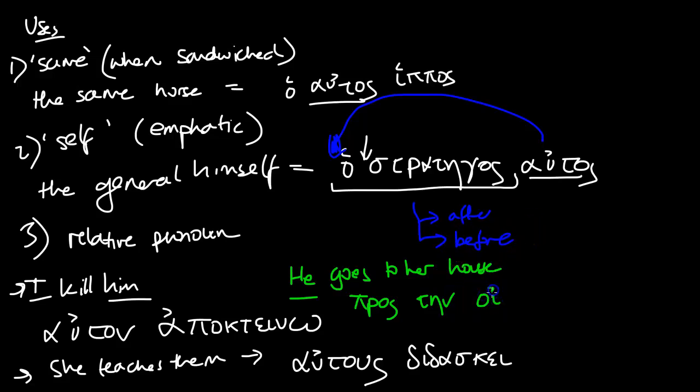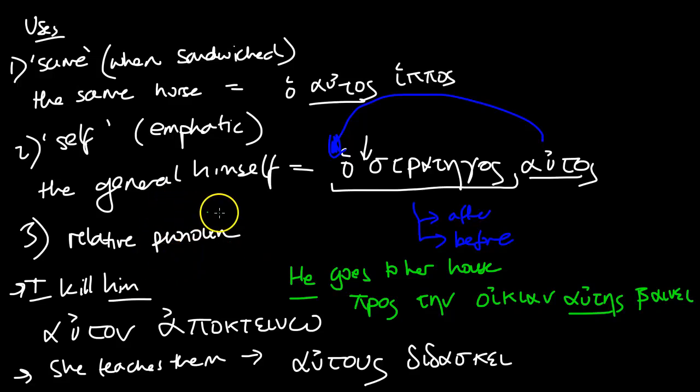So, ten oikian autes baine. Sorry. Baine. So, he goes to her house. Okay? And the use of autes here means that we know that it's not going to be the same person's house.